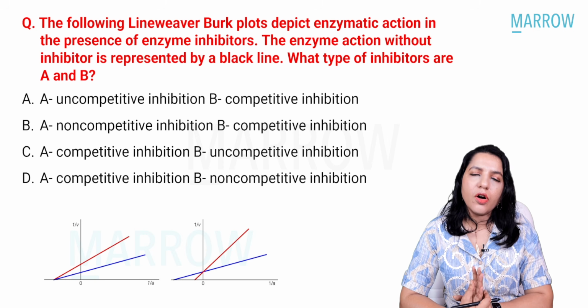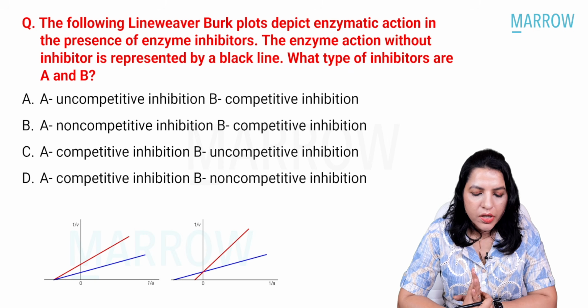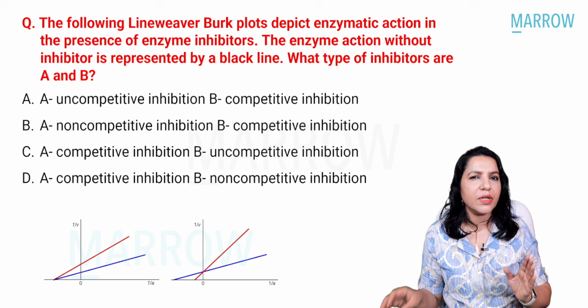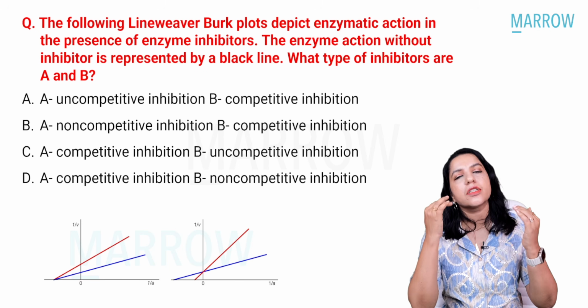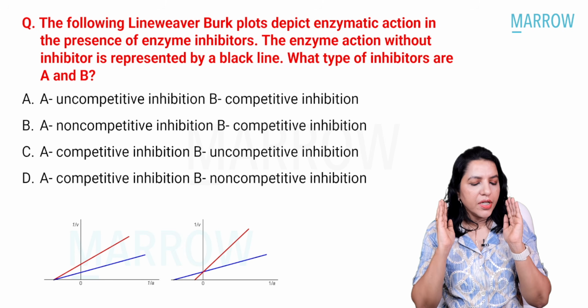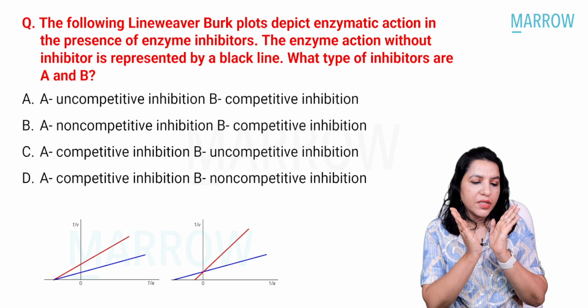Then this is a very commonly repeatedly asked question, the Lineweaver-Burk plot. It depicts the enzymatic action in the presence of enzyme inhibitors. I have told you some simple way to remember this Lineweaver-Burk plot and the different inhibitions. In the case of competitive inhibition, you just see the shape.